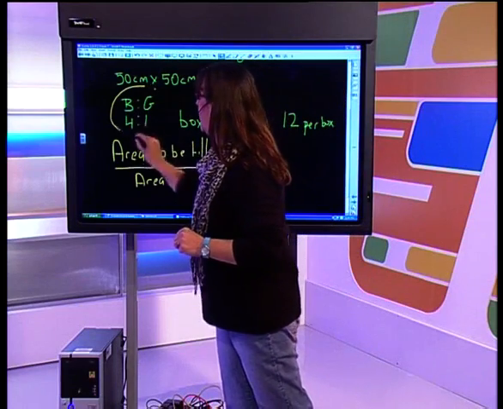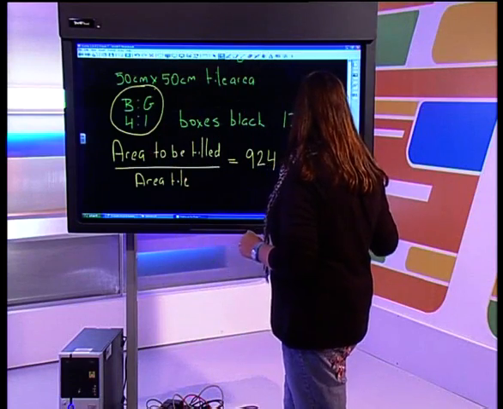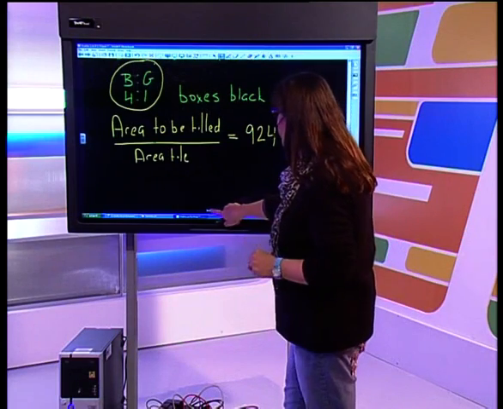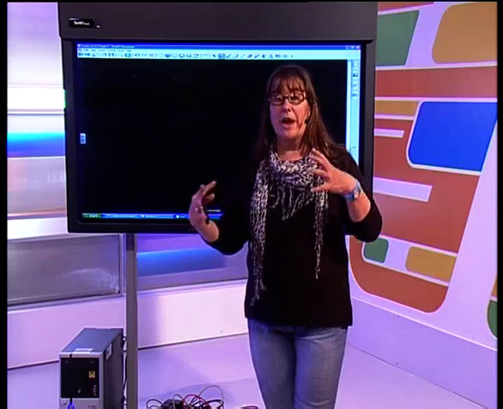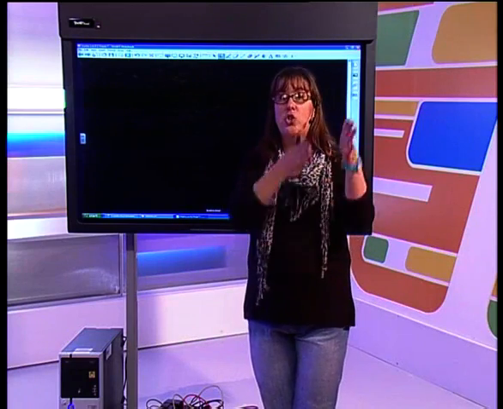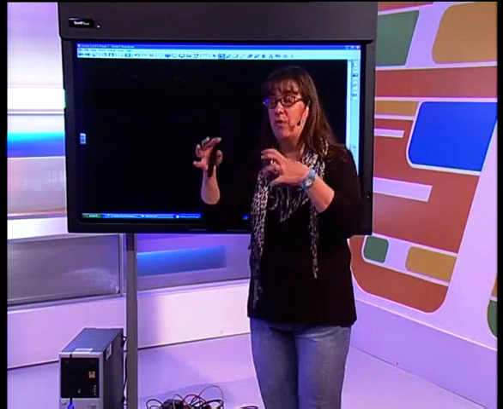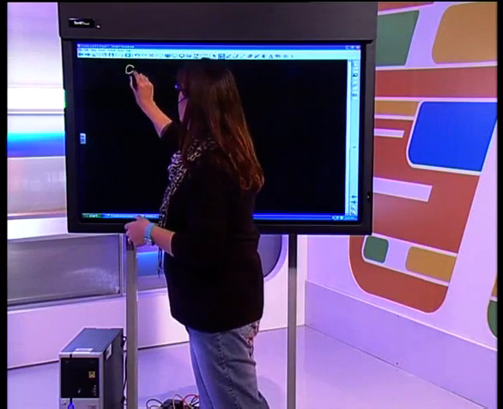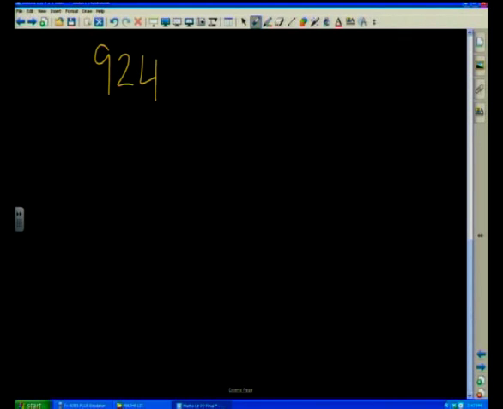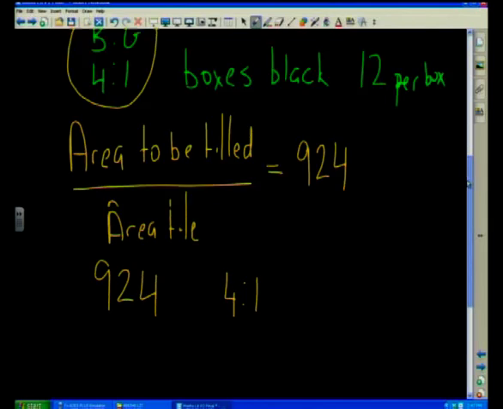Right, now we're going to use that fact. So this is our ratio, and funnily enough, it's a ratio that comes up quite often, where we need to split something into a set ratio. So we need 924 tiles, and we want them in the ratio of 4 to 1.